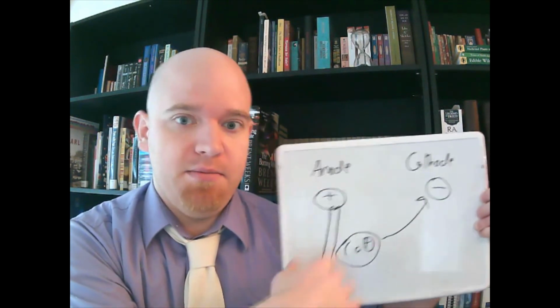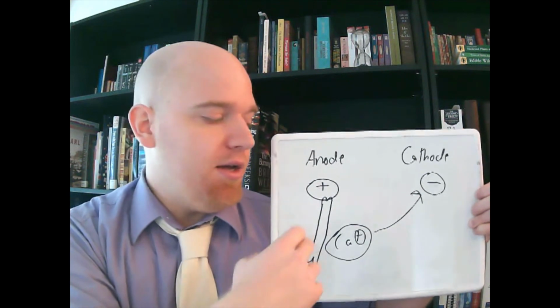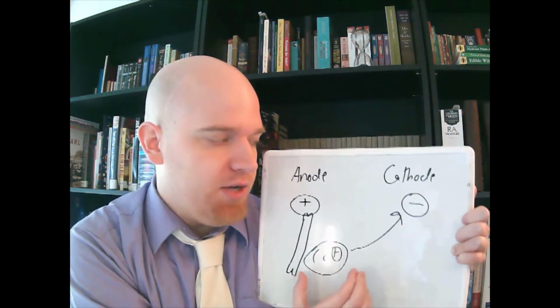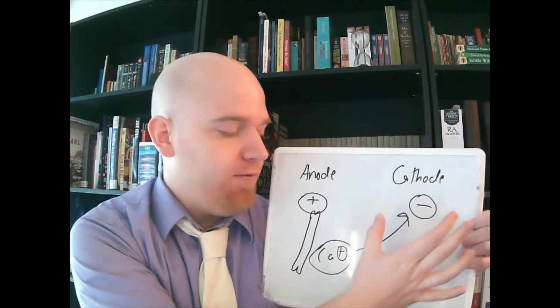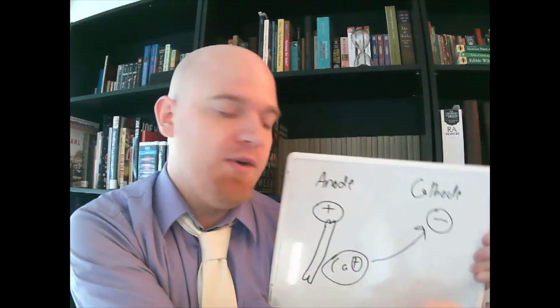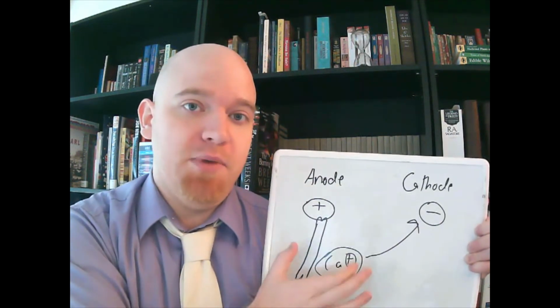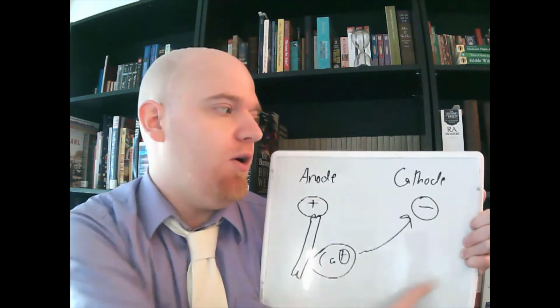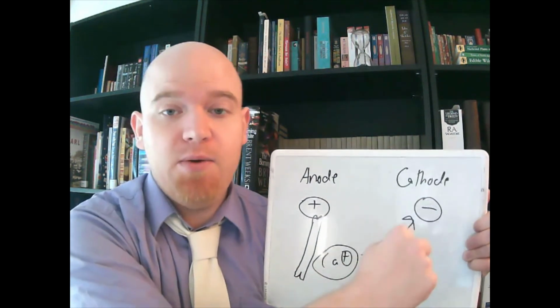In a lot of electron physics, opposites attract. So calcium is a positive ion and is attracted to the cathode, which is negative. So your bone is on the positive, the calcium is going to the negative. What you're left with is a piece of bone sitting on your anode that doesn't have any calcium in it, because it's all hanging out on the cathode.